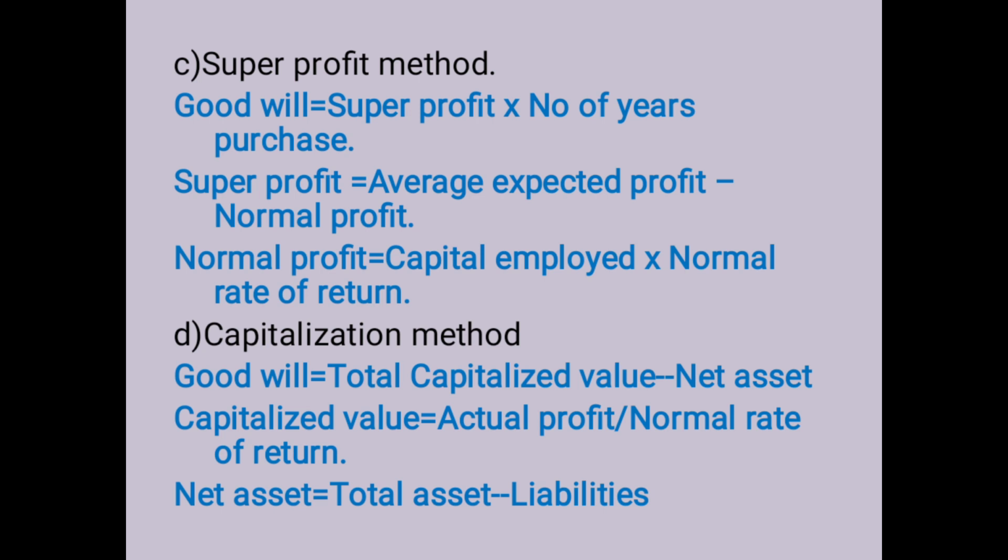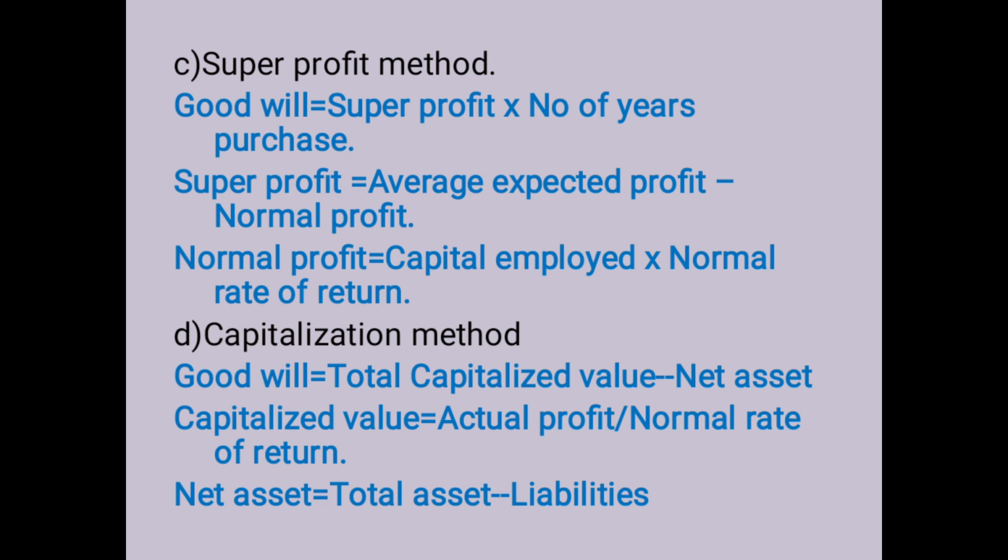Next, the capitalization method. This method is useful when the actual profit is less than normal profit. Under this method, the actual profit is divided by the normal rate of profit which can be earned in that particular type of business in order to find out the total amount which should have been invested as capital.